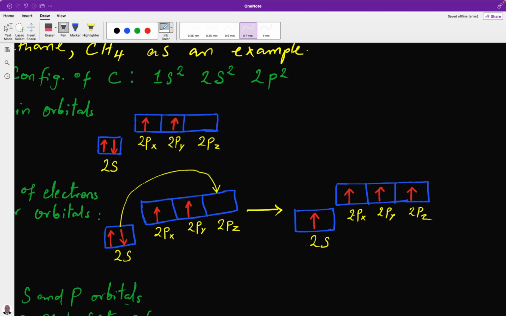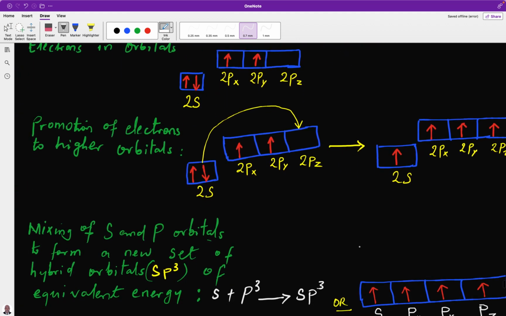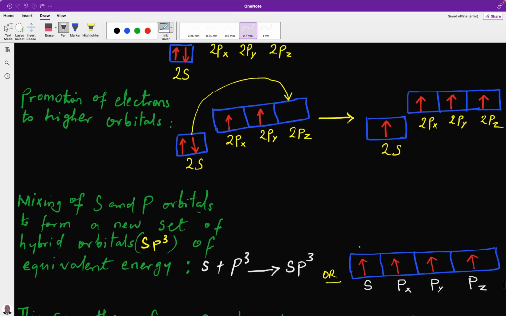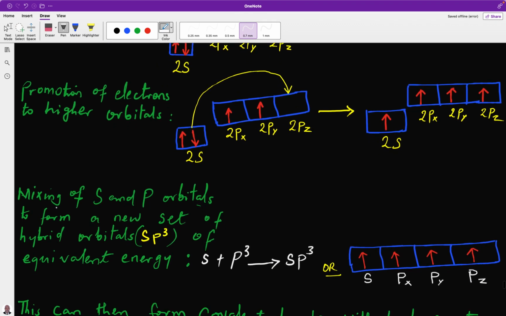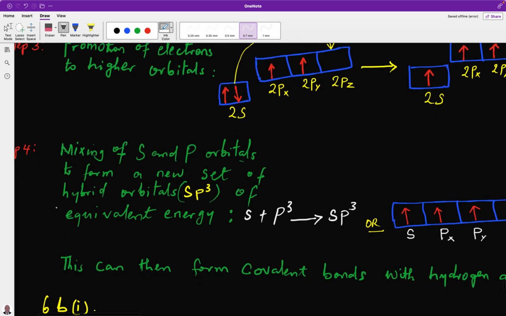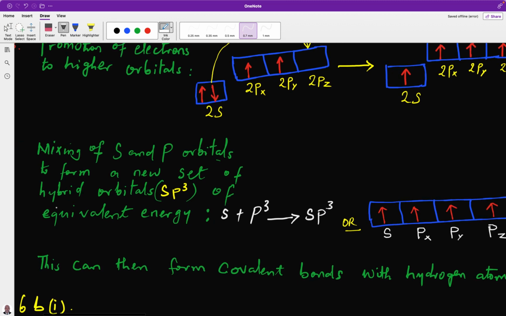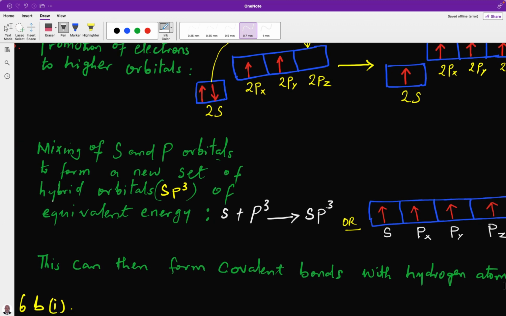Now, that is step number 4: mixing of s and p orbitals to form a new set of hybrid orbitals of equivalent energy. It is the s and the p3 orbitals that are mixed now.